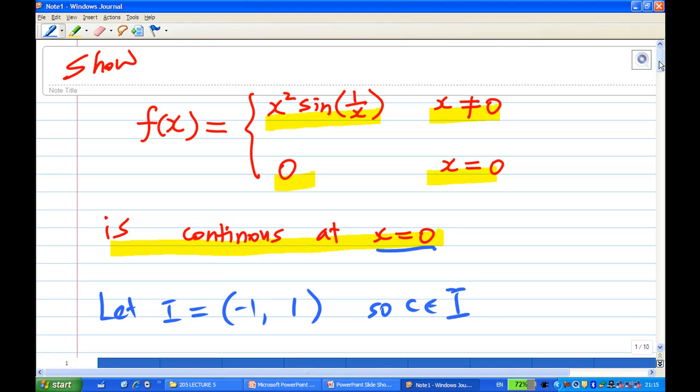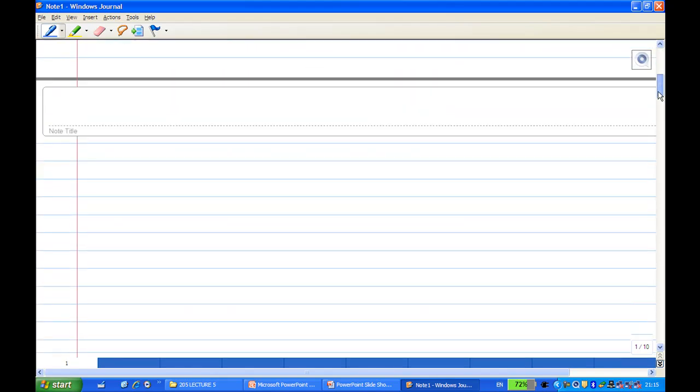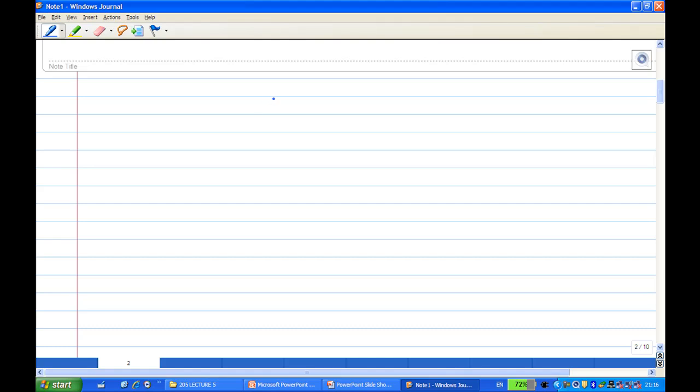Now, I need to establish three functions f, g, and h. First of all, let's make some observation about sine of 1 over x. We know that sine of 1 over x is always between 1 and -1, as long as x is not equal to 0.